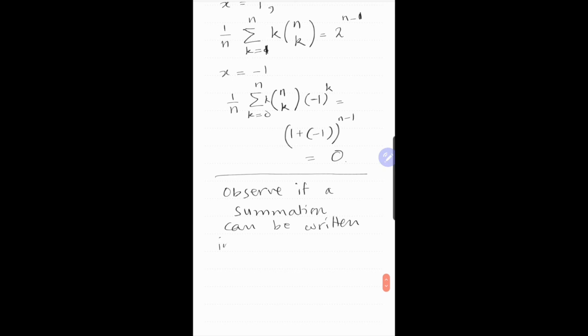Okay, so the point here is, all we have to do is observe if a summation can be written in terms of a binomial sum. And what is the next step? The next step is just to simplify.